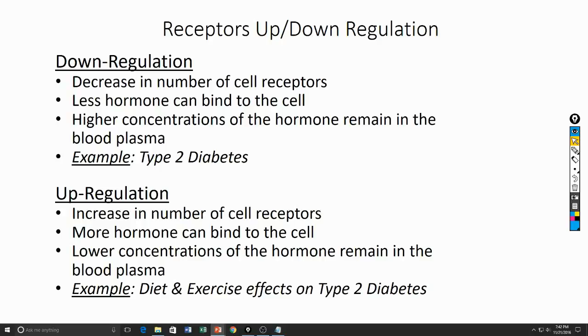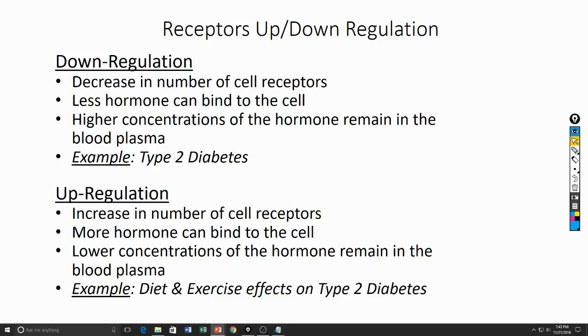If a cell is getting bombarded with a certain hormone chronically, what'll typically happen is it'll decrease its receptivity to that hormone. Okay, and what that looks like is it just decreases the number of receptors. And if you have fewer receptors, then you need more hormone to elicit the same response.